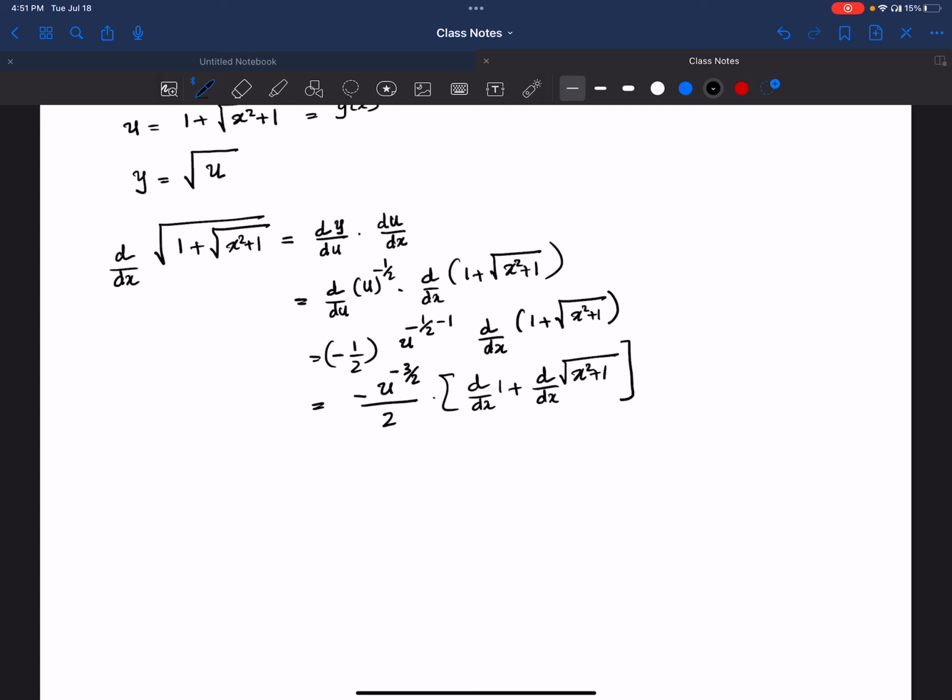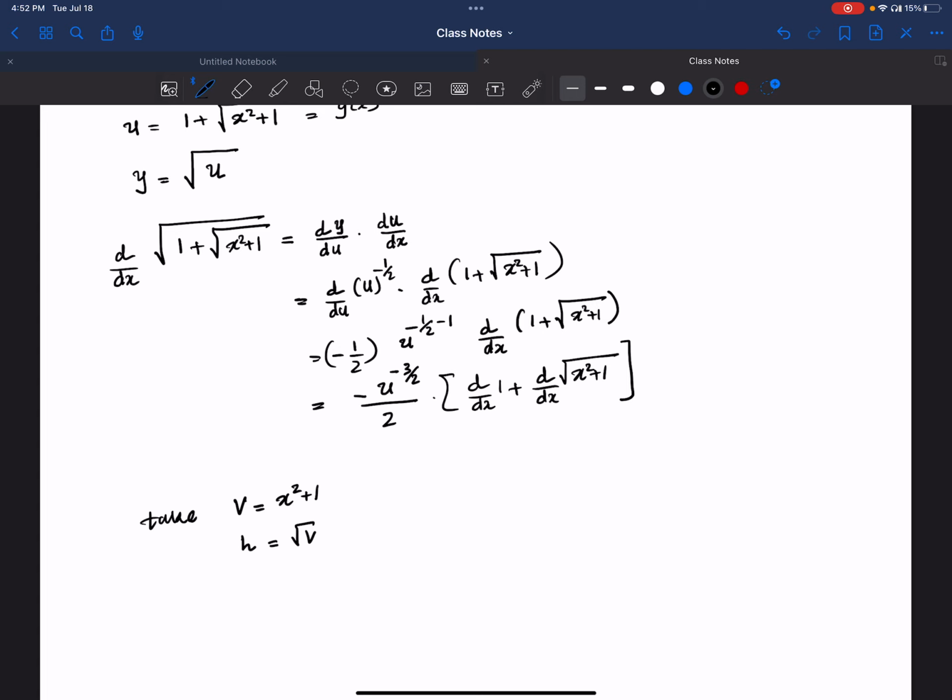And if I define v equal to x squared plus 1, then your h would be the square root of v, right? Then we can write the functions.